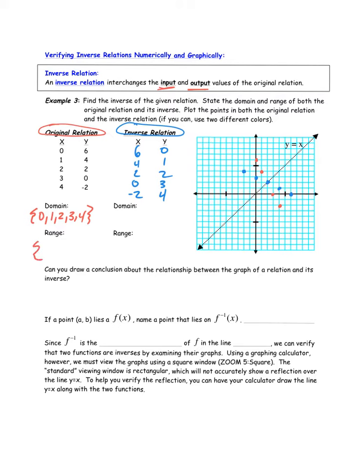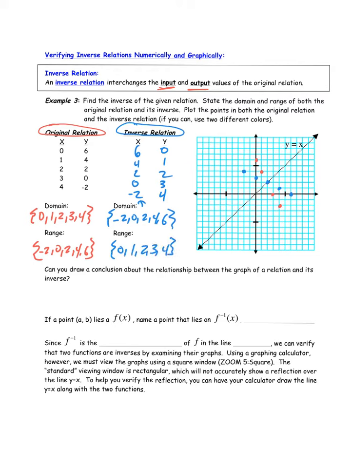I'm going to put those in ascending order: negative 2, 0, 2, 4, and 6. For the inverse relation, the domain is the set of inputs, so that's going to be negative 2, 0, 2, 4, 6. I'm taking that from the inputs here. And the range is going to be the set of outputs: 0, 1, 2, 3, and 4.